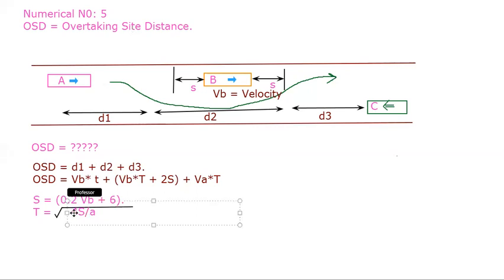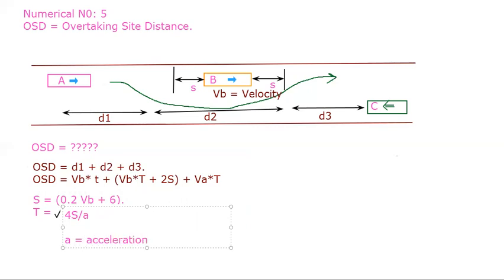So this s will again be the safe distance and a will be the acceleration of the vehicle.